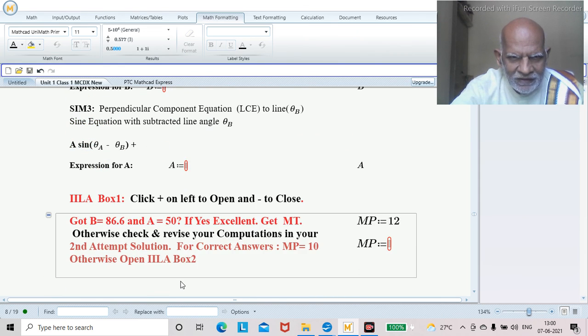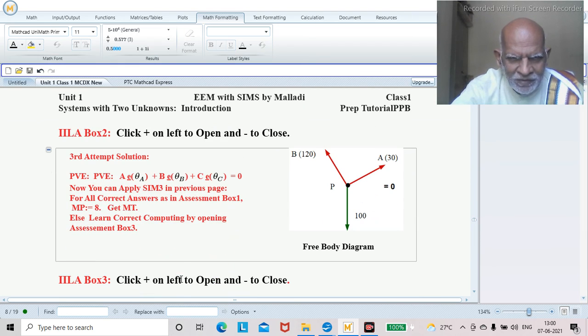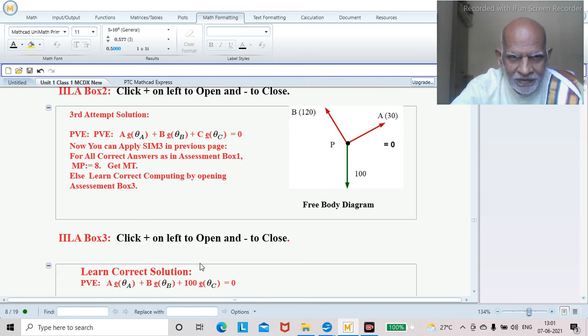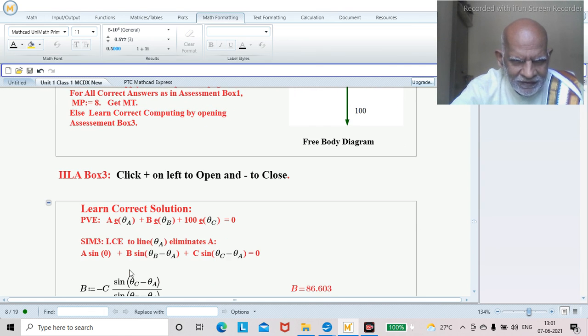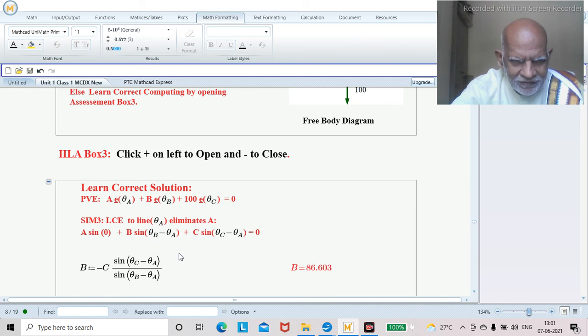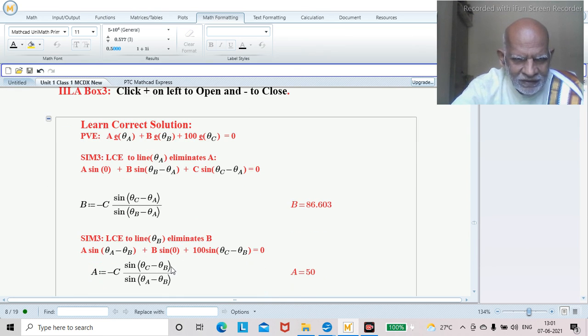Suppose you still didn't get that answer, that means you are making some mistake in the expressions, not in the equation. So I am giving the correct solution. I subtracted these things properly, then I wrote the equation. You must be able to do this. If you do it right, you get the answer, bingo.